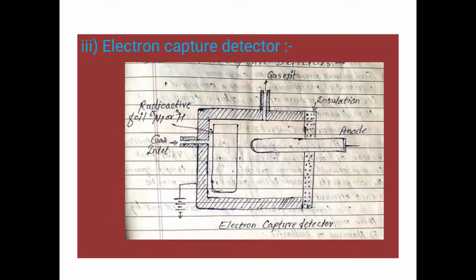It responds only to those compounds whose molecules have an affinity for electrons. So molecules which have affinity for electrons can be detected by using this detector, for example, chlorinated compounds or alkyl lead etc.